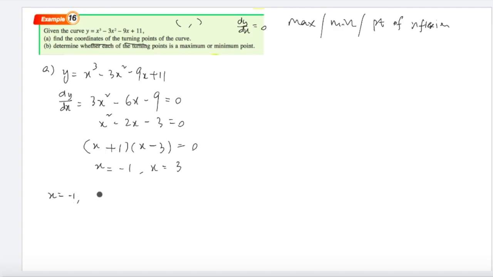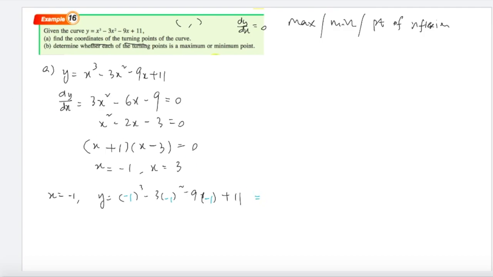When x equals to negative 1, your y equals to, substitute back to your original function, original curve, your original y. You substitute the negative 1 inside, and then what you get?